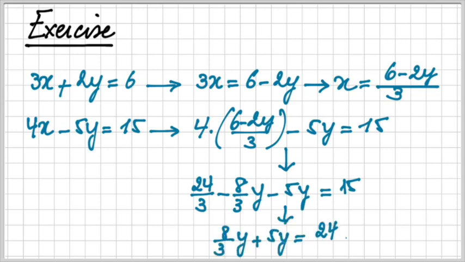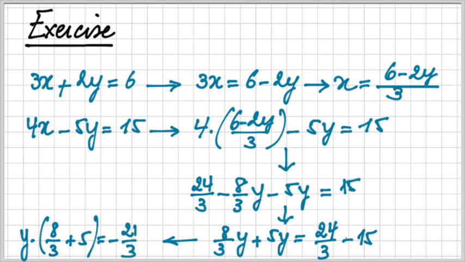So we find that 8/3 y plus 5 times y is 24 divided by 3 minus 15. So we find here y times (8/3 plus 5) is minus 21 divided by 3. And when we complete this operation, we can say that y is minus 21 over 23.